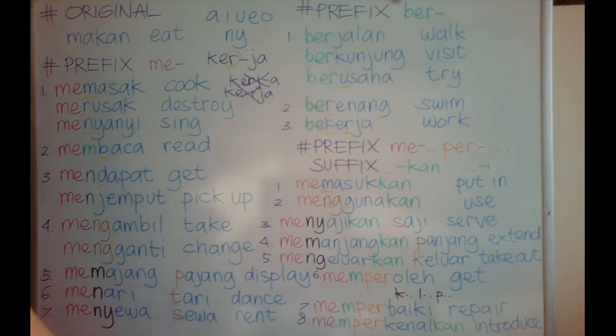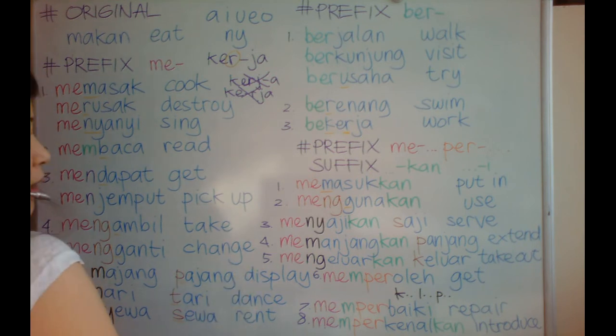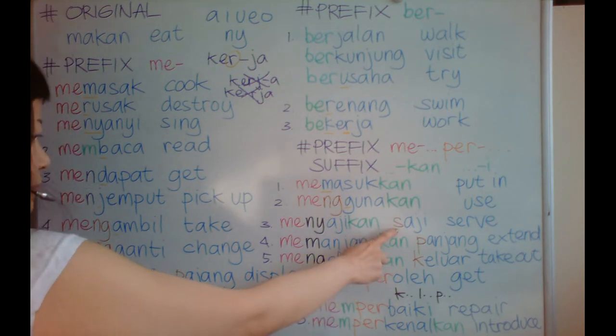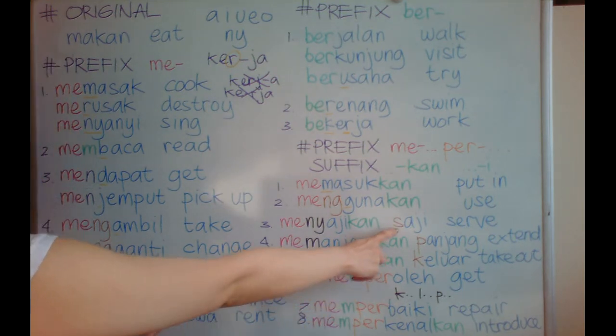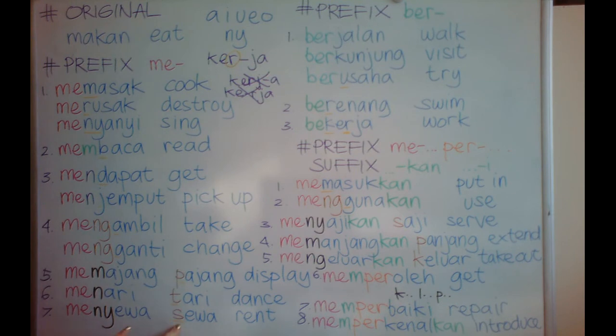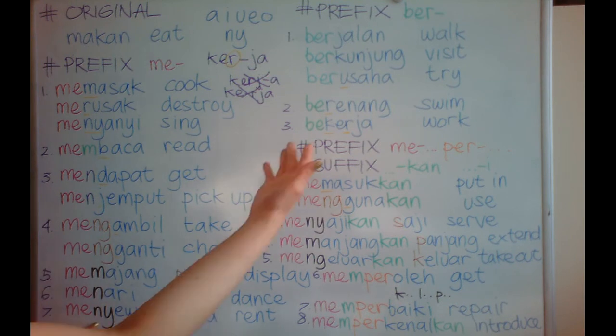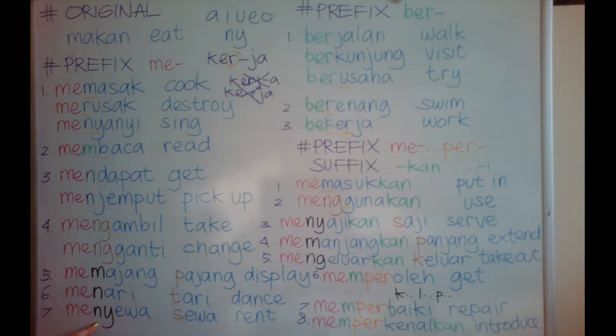Number 3, number 4, and number 5. Saji is started with S. As we see here, S changes into ny.